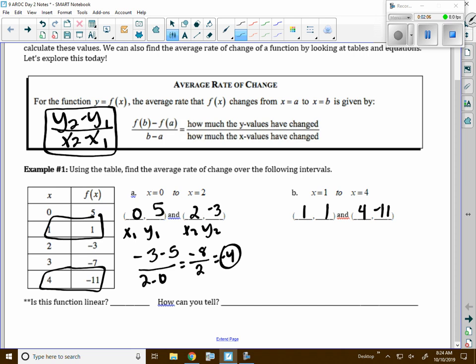Go ahead and set up the slope formula on your own. Also, -4.